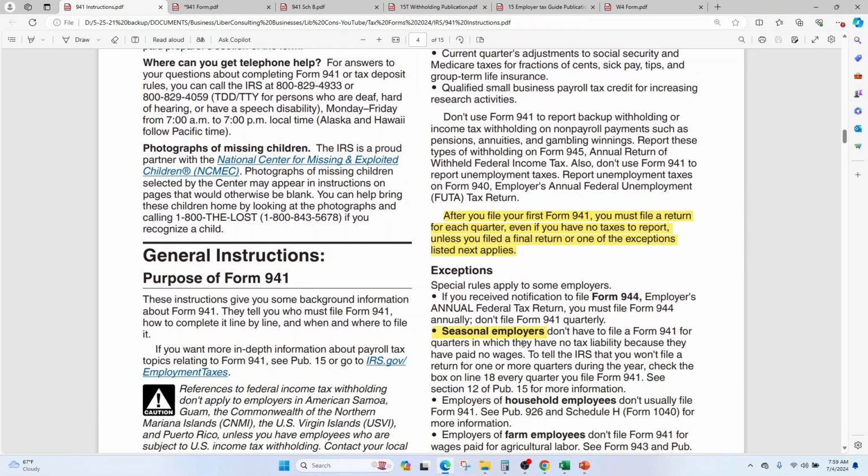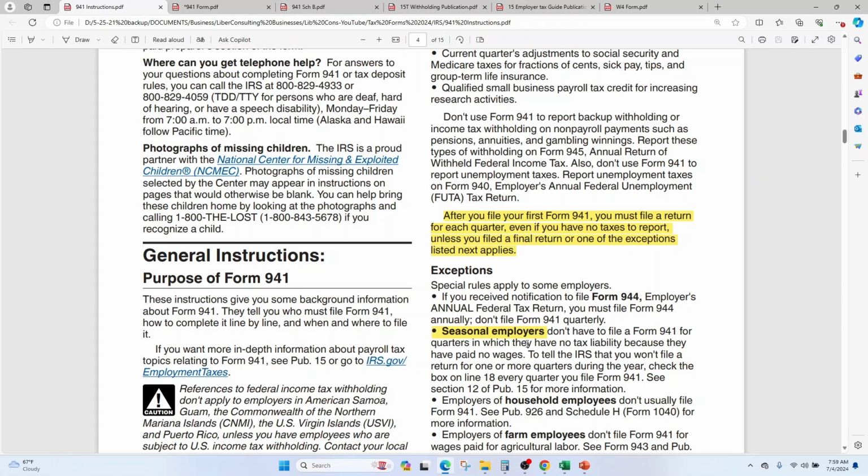And the exception will be the IRS sends you a letter requesting that you start filing Form 944. Then you stop filing Form 941, and at the end of the year you will file Form 944.